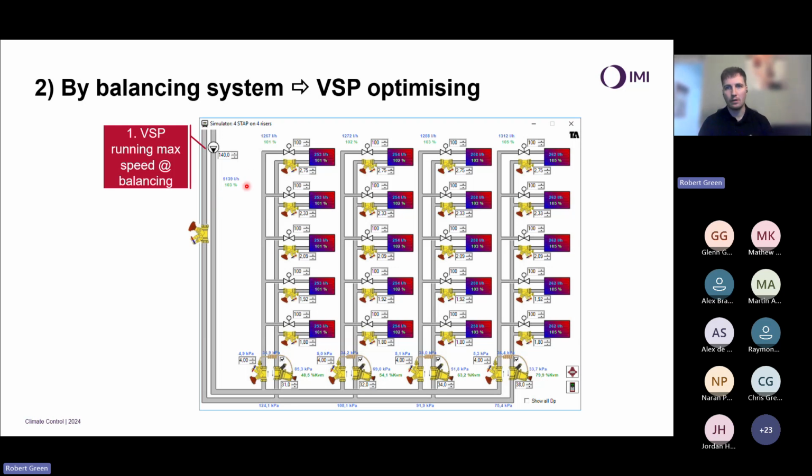And this is with my variable speed pump running at maximum speed. At the moment, this is a simulator, so we have the beauty of seeing what the differential pressure and set point is of all of my differential pressure devices. And in fact, what I'm going to do now, I'm going to switch to a different screen. So I'm going to show you this live.